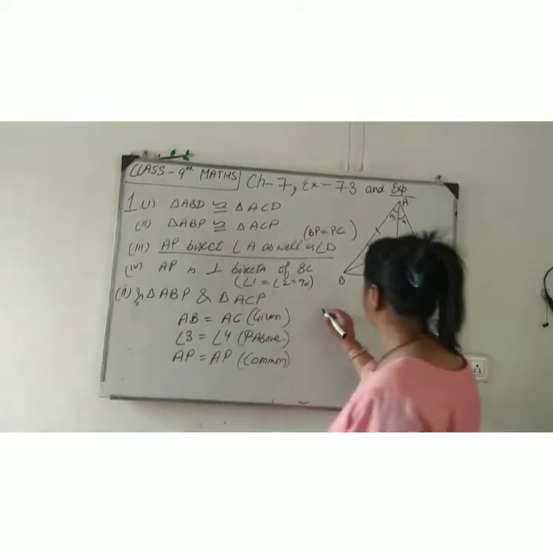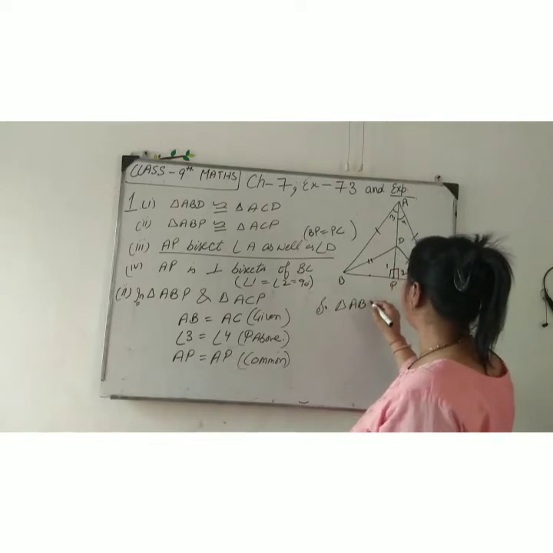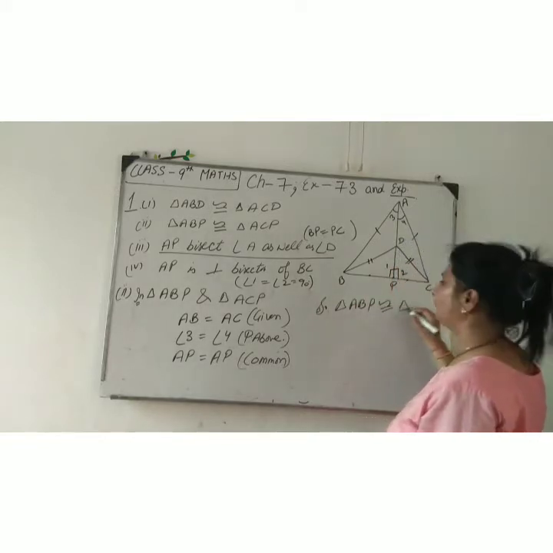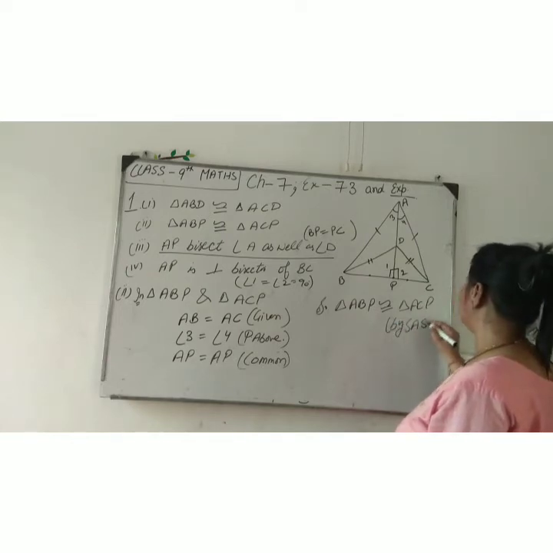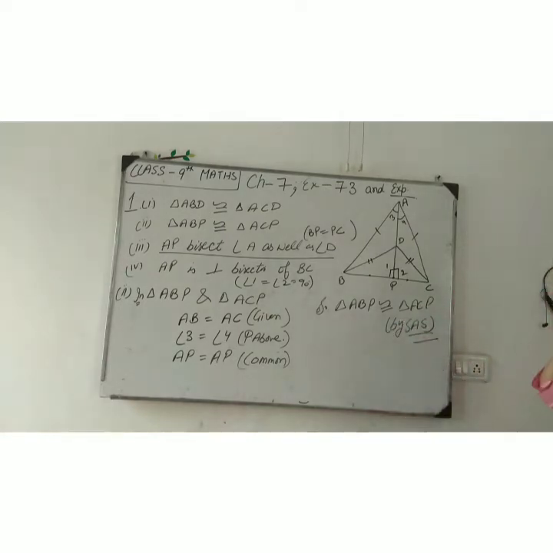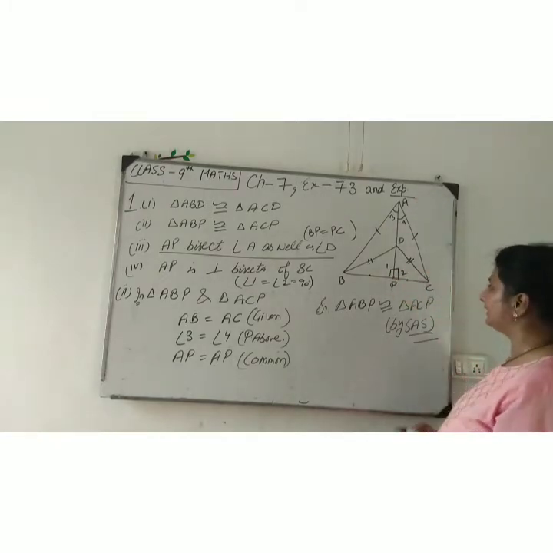So triangle ABP is congruent to triangle ACP by side angle side. Now is it clear? This angle is equal to this one. Clear?